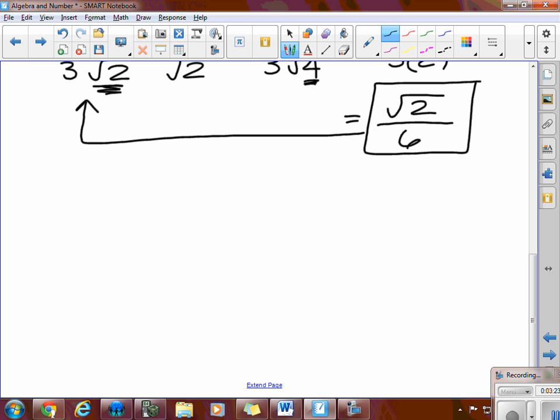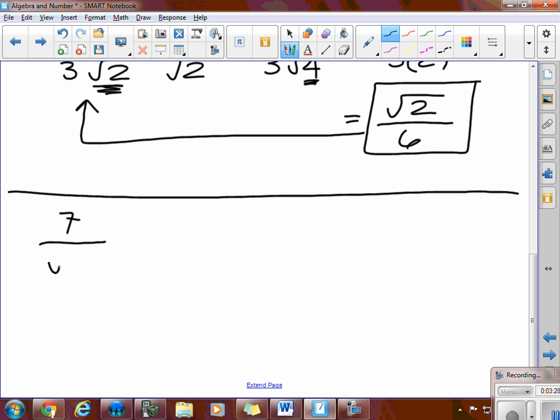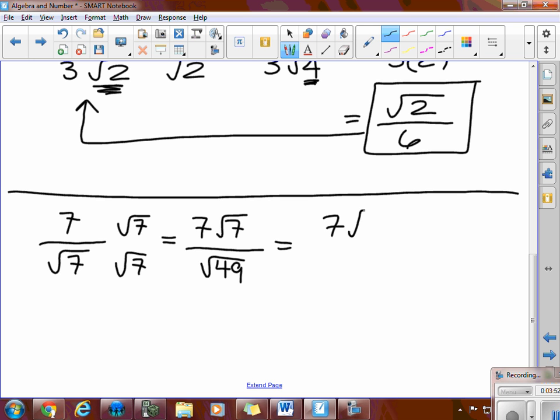So if I looked at another example and said 7 over the root of 7, look at your denominator and you'll see that the denominator has a root of 7 in it. Can't have a radical down there, so I multiply top and bottom by that radical since it's a monomial, and then I have on the numerator 7 root 7, and the bottom becomes the root of 49, which is 7. So 7 root 7 over 7.